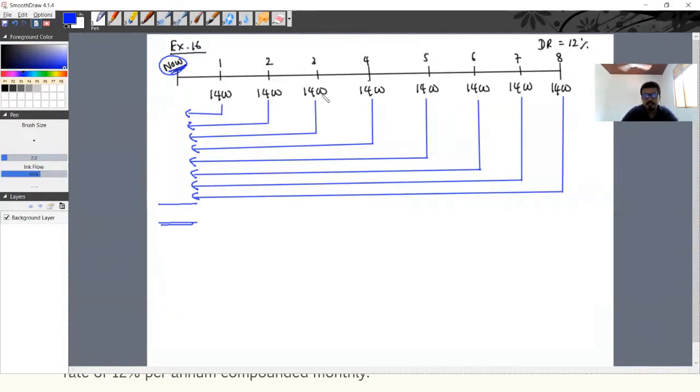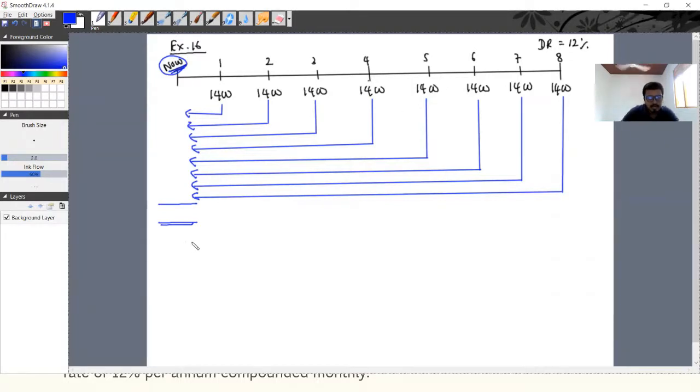Here we can clearly see this is an annuity: the same amount at equal time gaps for a specific time period. We have paid the same amount at the same time gap throughout 8 years. We have identified that this is an annuity.